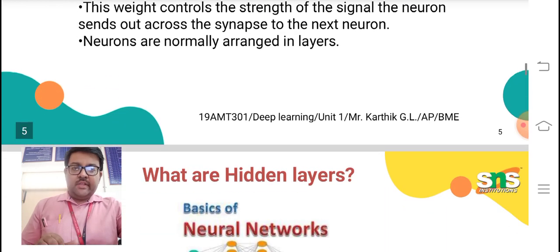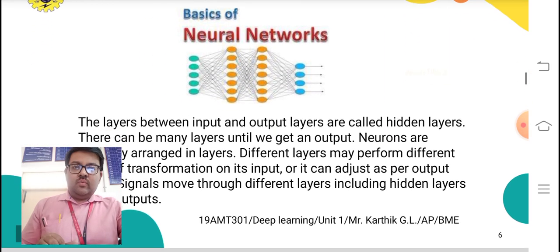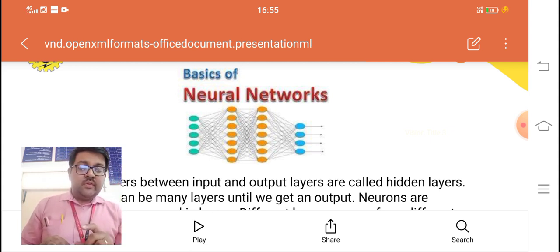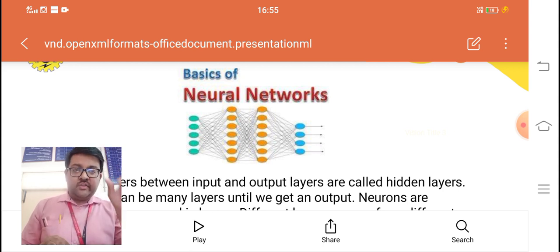Neurons are normally arranged in layers. You can see this diagram. In this diagram, the blue layers are the input layers, the orange layers are the hidden layers, and the green layers are the output layers.